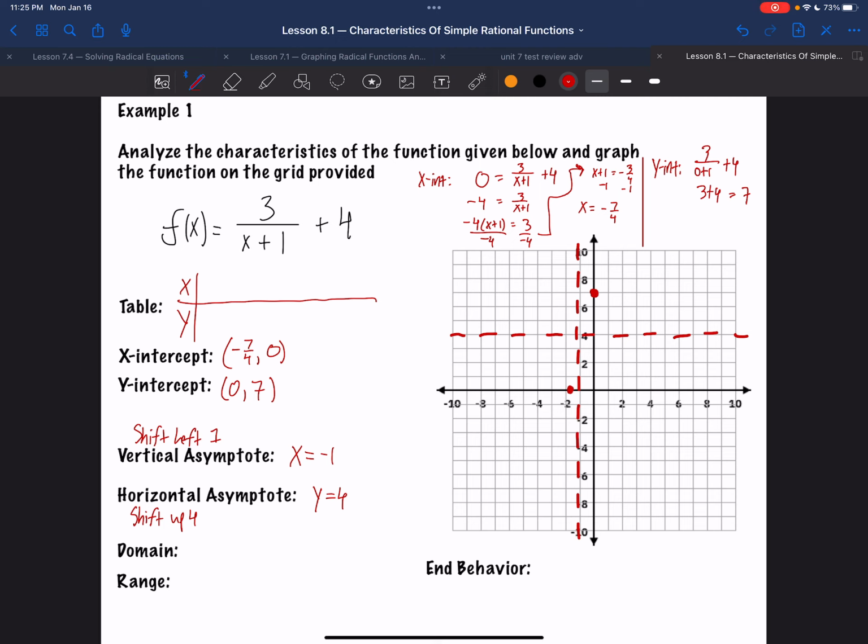We could test a couple more points, and we can put these in our table, like so. We could test some more stuff. What I want to tell you, you know how I was picky in the last unit about finding whole number values? Well, this is kind of the fractions unit. It's basically going to be impossible to find.